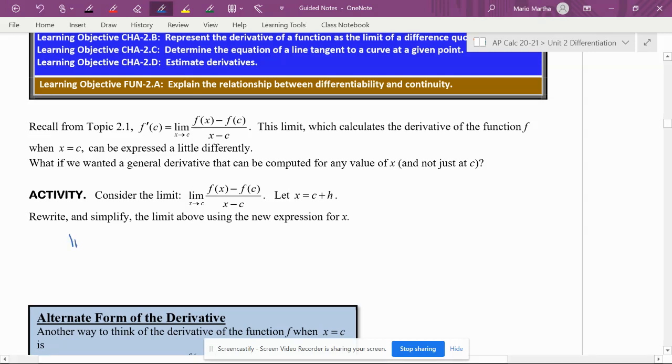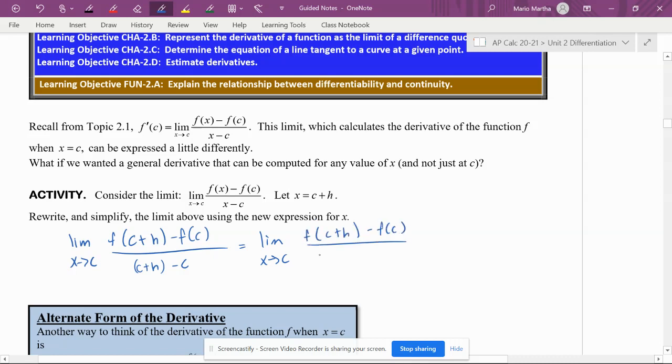When we do that, we get the limit of f of c plus h minus f of c, over c plus h minus c. And then simplify one more time: the limit as h approaches 0 of f of c plus h minus f of c, all over h.